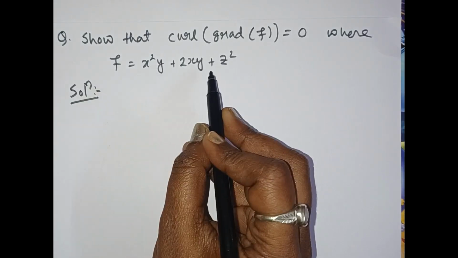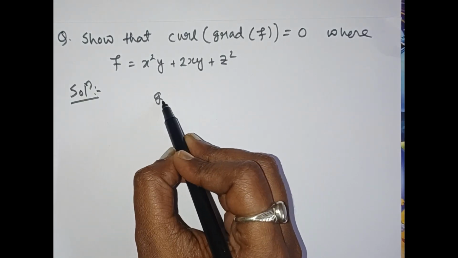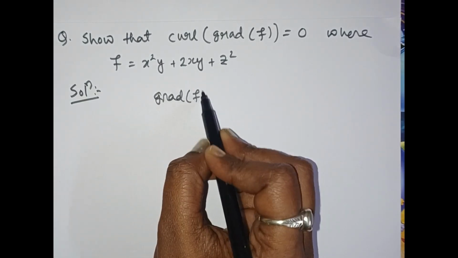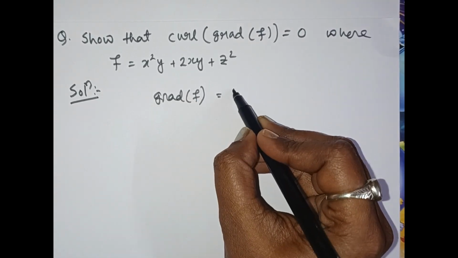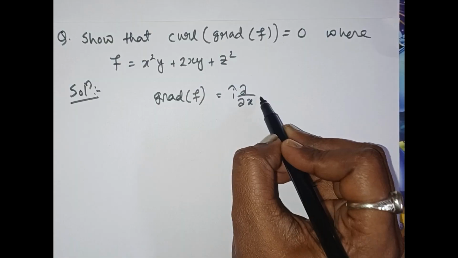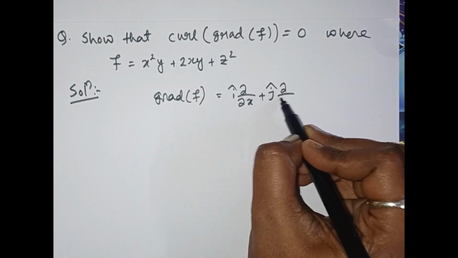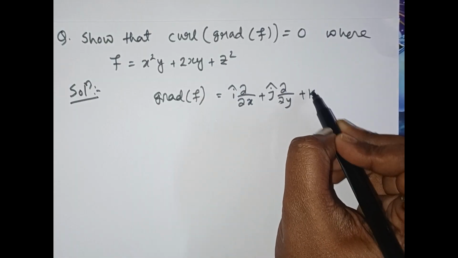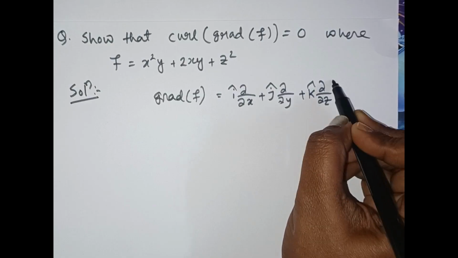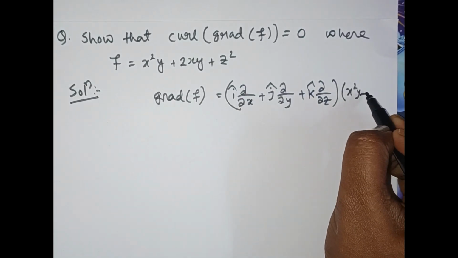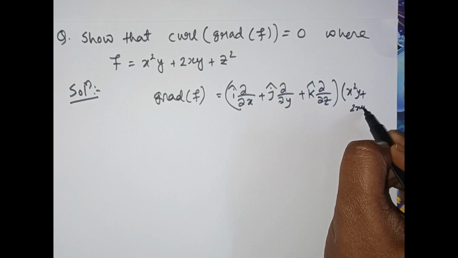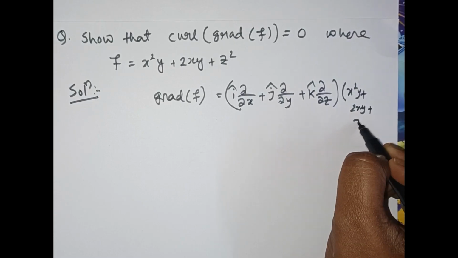Since f equals this function, grad of f is, we know that grad is i del x plus j del y plus k del z of f. f is x square y plus 2xy plus z square.